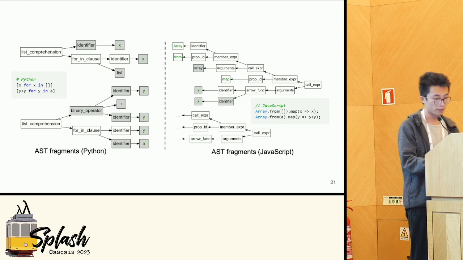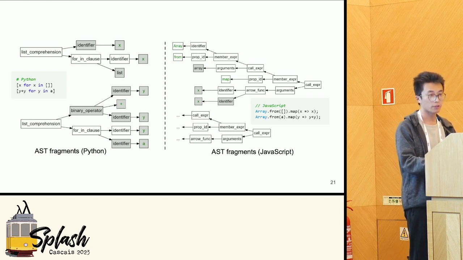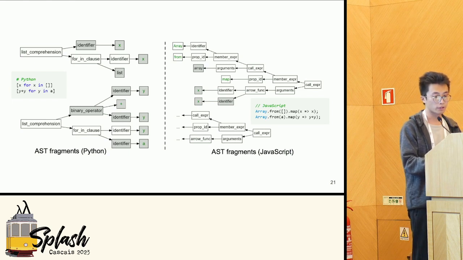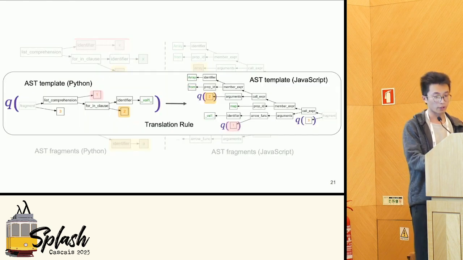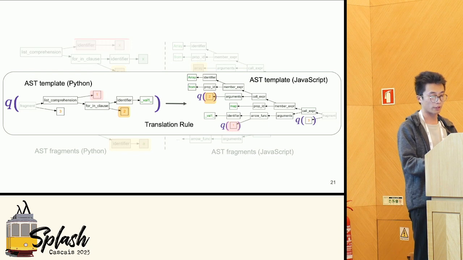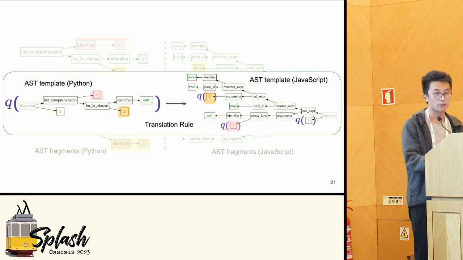The extracted pattern is a partial AST tree with holes in it, and then it will perform an edit distance comparison, trying to match the holes between the source pattern and the target pattern. After that, the patterns will form a translation rule. And this rule will reduce the translation of the list comprehension into the translation of the expression, the loop item, and the iterable.